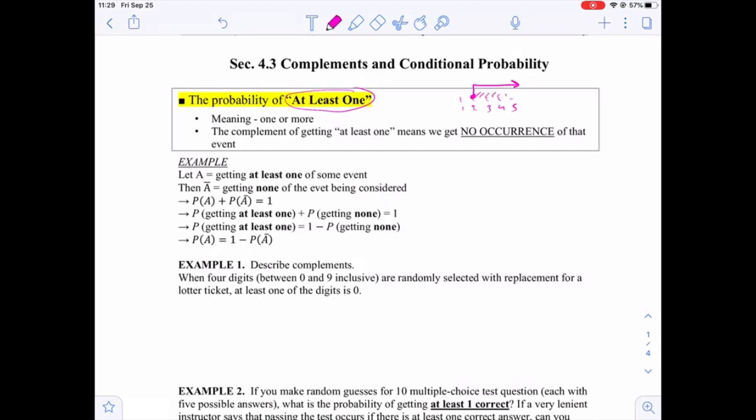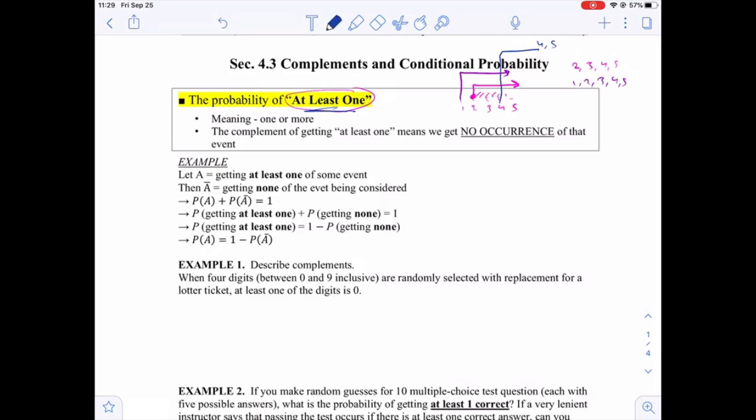Two of them means either 2, 3, 4, or 5. If we say at least one of them, that means 1, 2, 3, 4, or 5. At least four of them means 4 or 5. So the word at least is important when we read problems about probability.